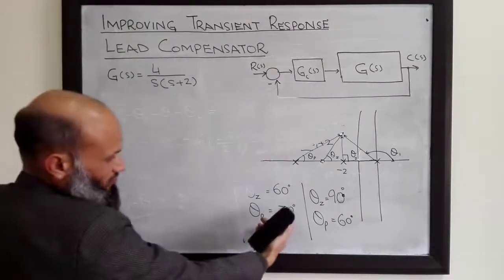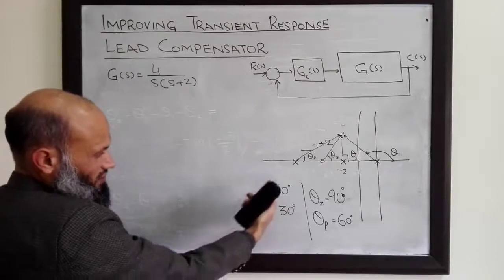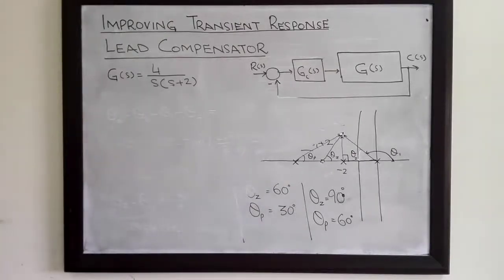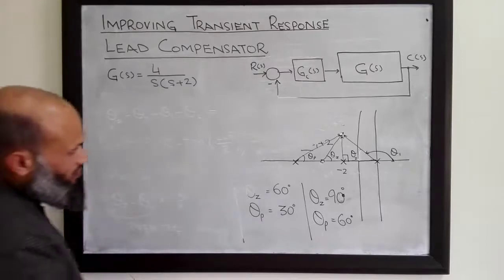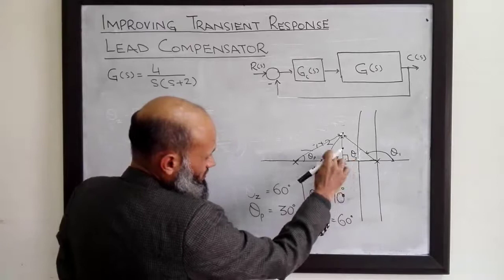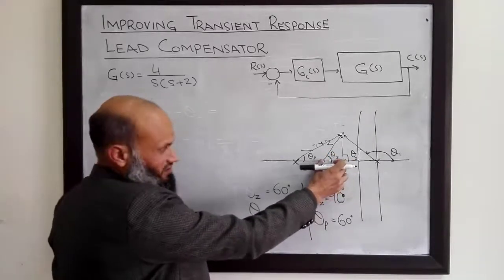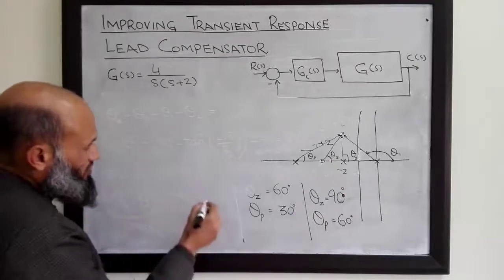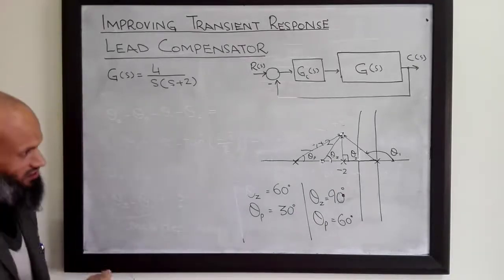First we talk about this choice, theta z equal to 60 degrees and theta p equal to 30 degrees. For this particular choice, if this angle is 60 degrees, what will be this length? We can easily compute it by using the trigonometric relationship.